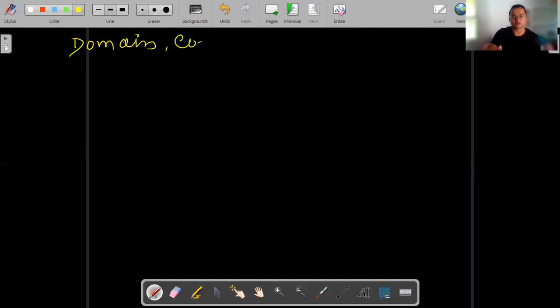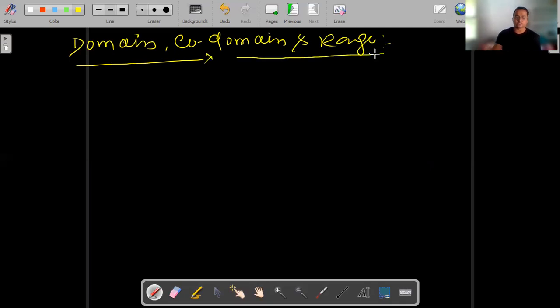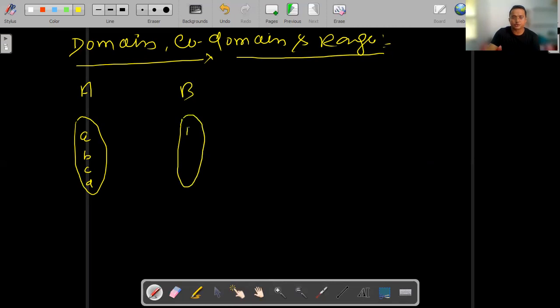Let us say this is set A, with elements A, B, C, and D. These are the elements of set A. And this is set B, with elements P, Q, R, S. Is it clear?